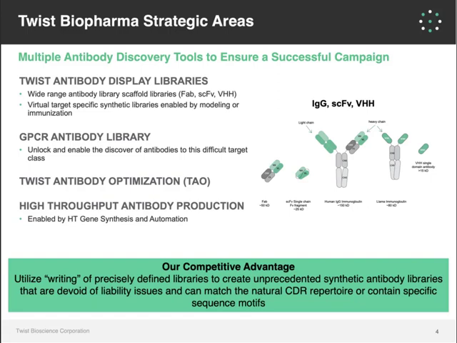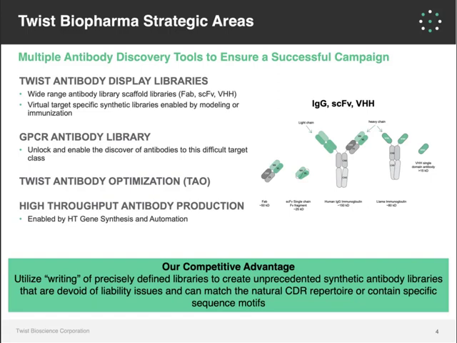And finally, the fourth area that we're focused on is trying to extend the Twist SynBio offering. Twist is a major player in the space to synthesize clonal genes, but we're trying to extend that into antibody production. So someday in the not too distant future, you'll not only be able to order an antibody gene, but also the antibody that's encoded from that gene from Twist.